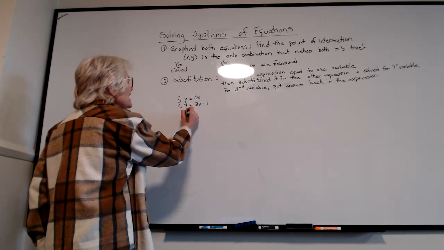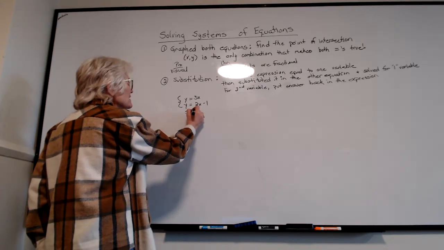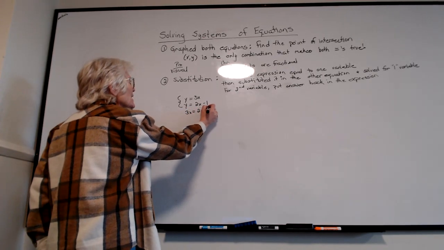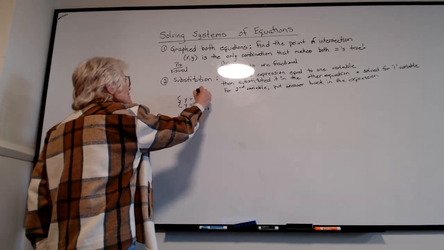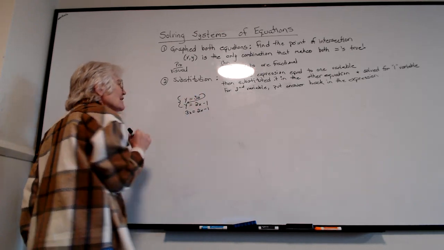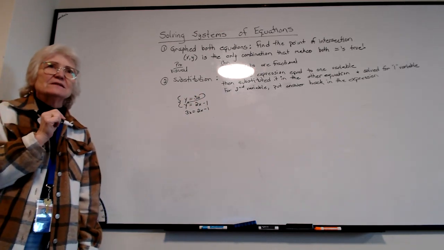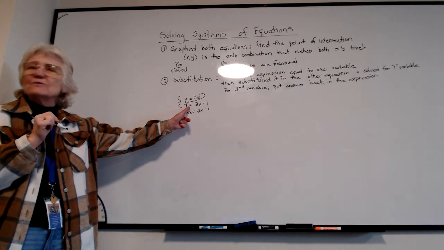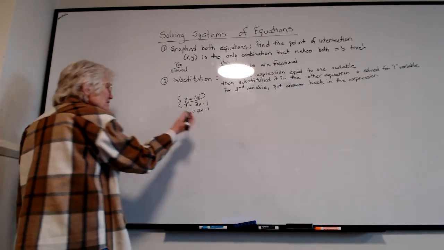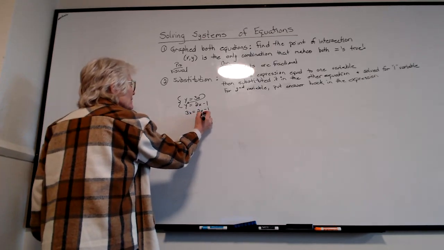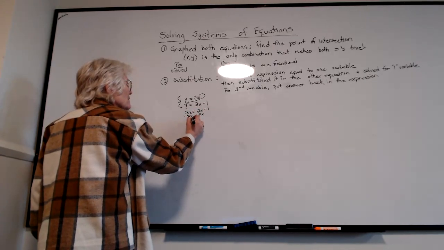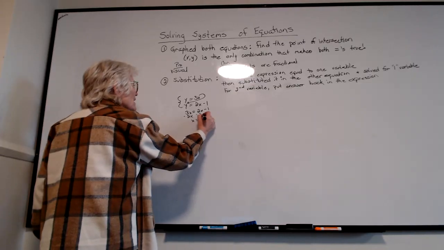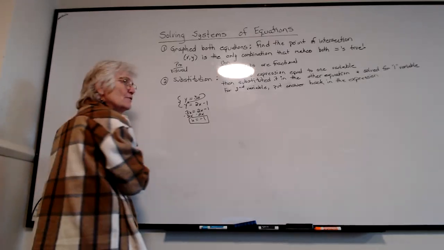So we could then say, let's make 3x equal to 2x minus 1. We substituted this in for y there. We just substituted that expression into the second equation, got this, and I can solve this by subtracting 2x. So x is equal to -1.